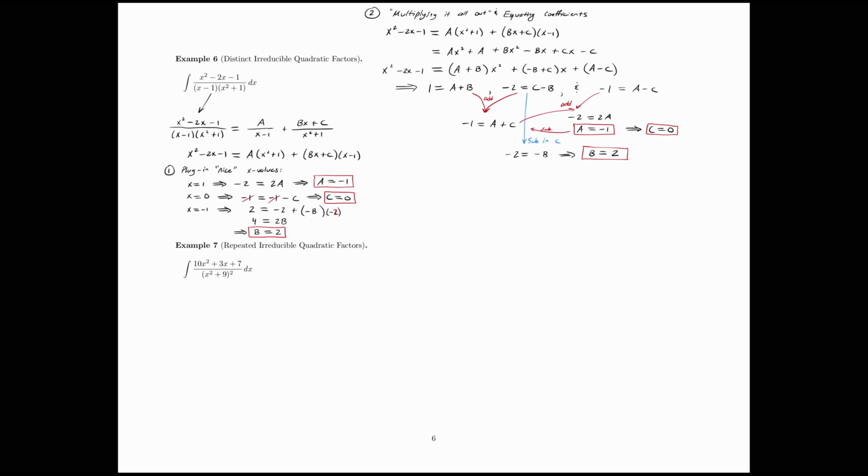Okay. So that's one way to do it. Or actually, it's two ways to do it, let's say. The third way that we can do this is very similar to this example here. We can essentially just plug in complex numbers. So maybe I'll call this method 1.5.